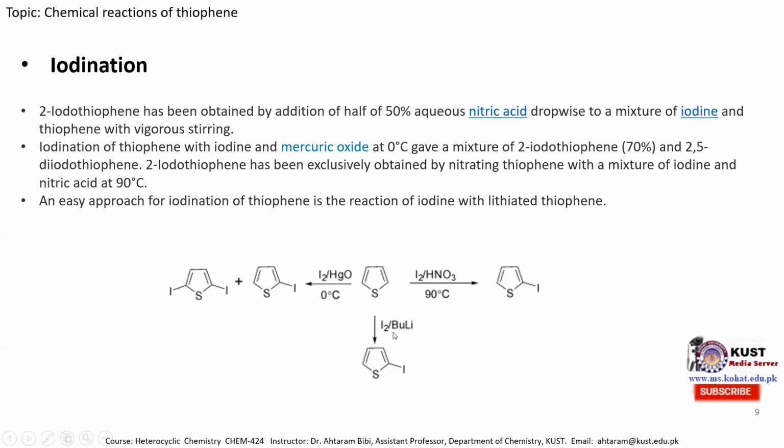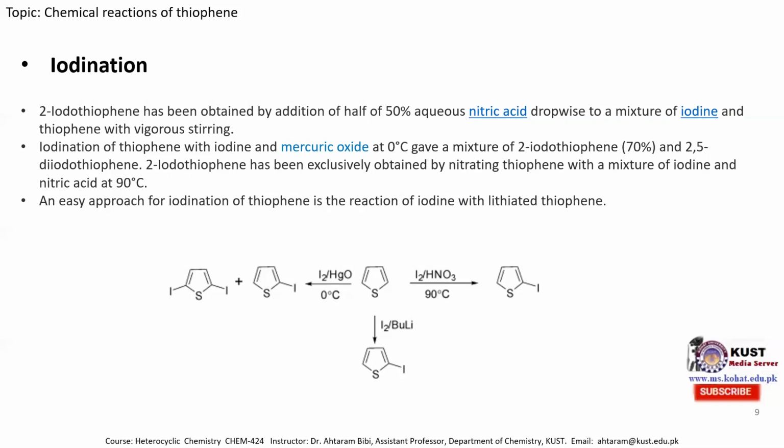And this can be produced when thiophene is treated with iodine in the presence of butyl lithium. So in the first step, the lithiated thiophene is formed and then the lithium is replaced by an iodine. So in the presence of various reagents and under various conditions, the thiophene undergoes iodination producing 2-iodothiophene and a mixture of 2-iodothiophene as well as 2,5-diiodothiophene depending on the condition.